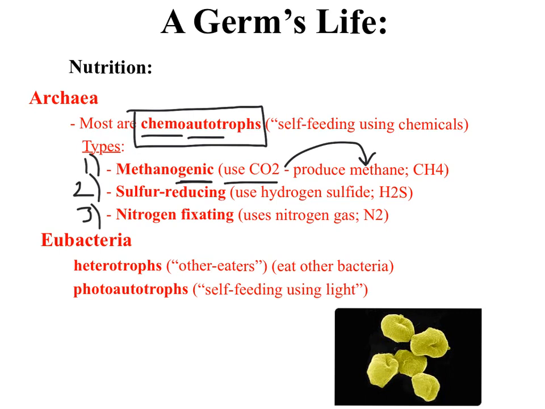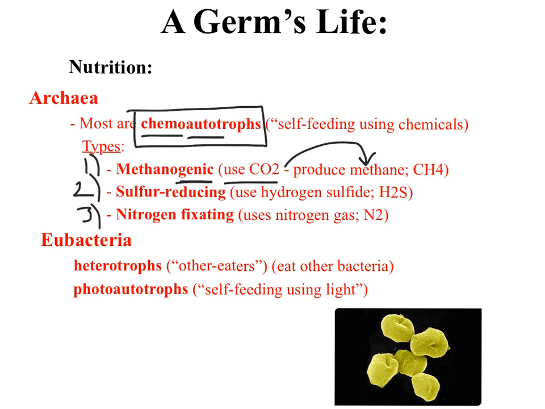These nitrogen fixating bacteria are really important for the nutrition of soil, because plants can use these nitrogen products made by these bacteria. You probably learned about this when you talked about the nitrogen cycle.